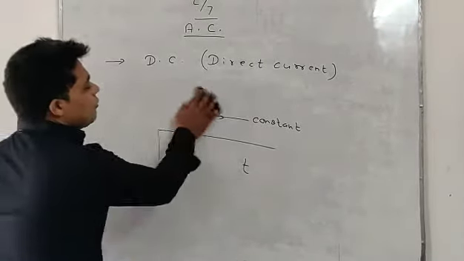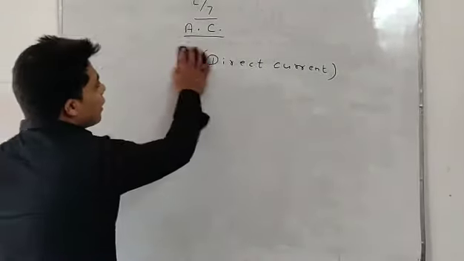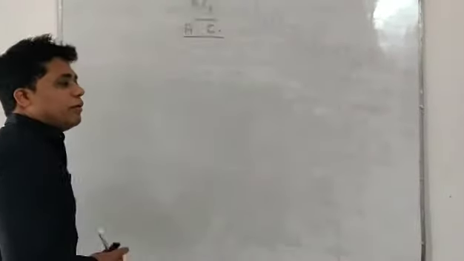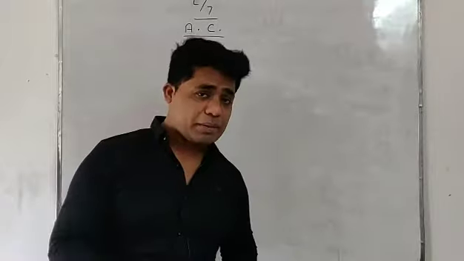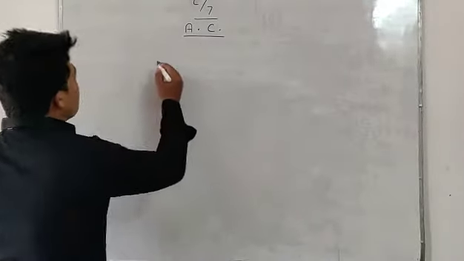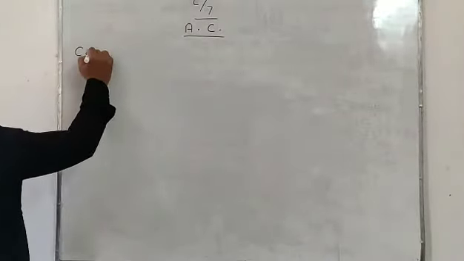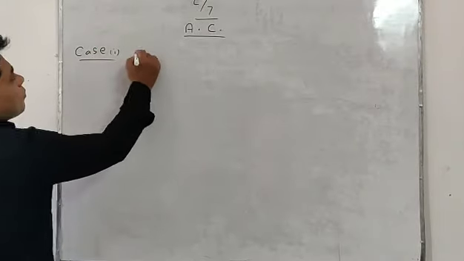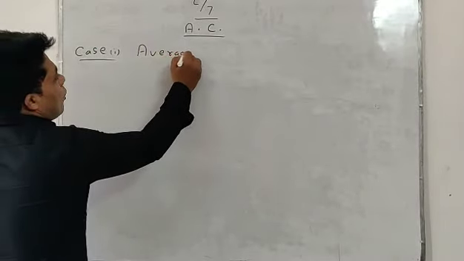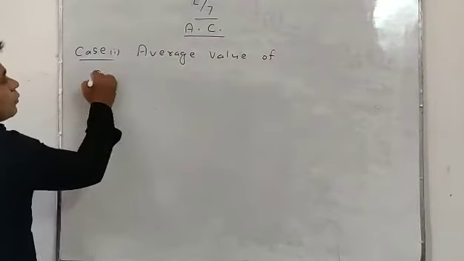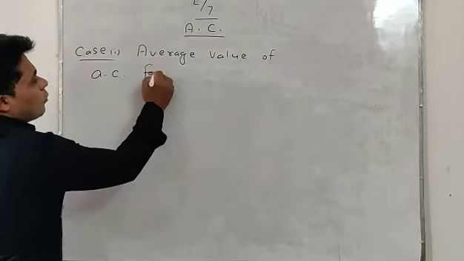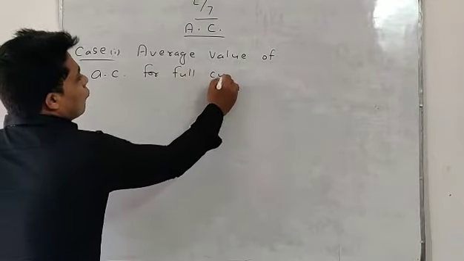So now students, basically we will discuss alternating current. The very first thing we are going to find is the average value of alternating current for a full cycle. We have two cases, full cycle and half cycle. So our first case is the average value of alternating current for a full cycle.